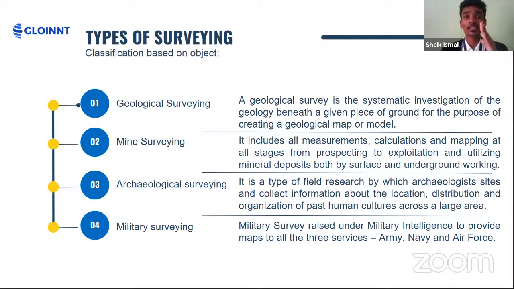Next to that, military surveying. Military surveying comes under military intelligence. So like identifying border changes, detection of changing borders, identification of intrusion or illegal movements, and a lot of things are there to provide maps to the army, navy, or air force.